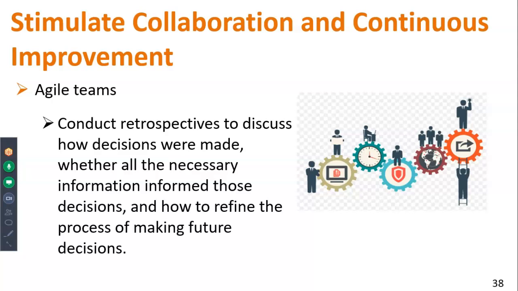If you can't get these things on the table and you can't discuss them in a positive way, you're not going to have a successful agile environment. It's just not going to work. It's going to be a constant blame game, and then you're going to get into the people arguing over who's responsible for what and who didn't do what, and in an agile environment you just don't have time for that.